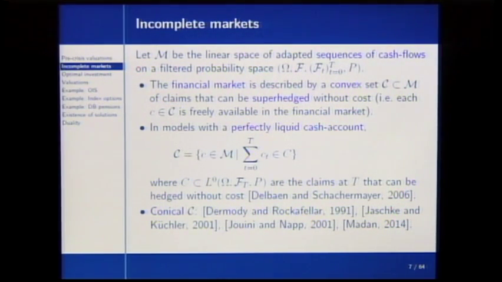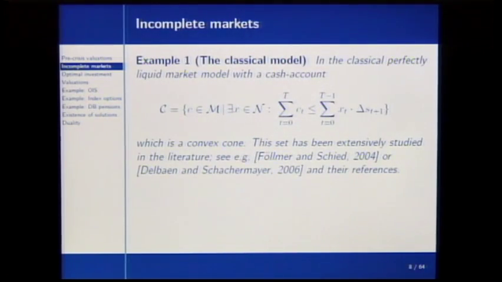They assumed the conical market model, which essentially accounts for bid-ask spreads and proportional transaction costs. What I'm going to do is just to go one step further. I assume that the set here is not a cone, but any convex set that contains the non-positive sequences of claims. And that's essentially it.